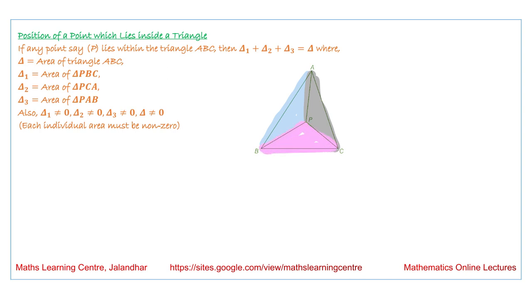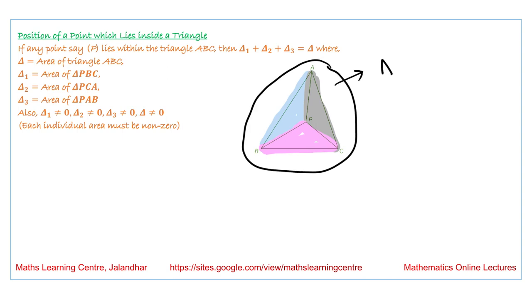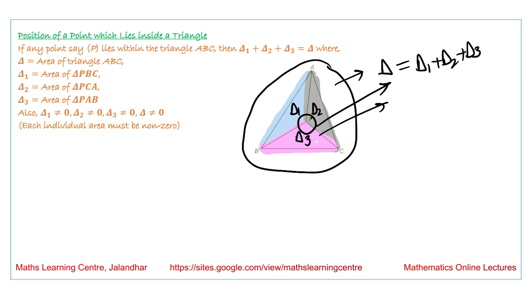Now, the area of the whole triangle is delta, and that should be equal to the sum of the areas of the 3 triangles, delta 1 plus delta 2 plus delta 3. Only then will the point P lie inside this triangle.